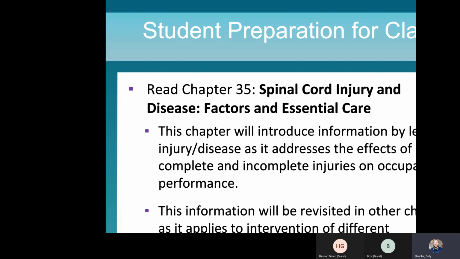So hopefully by the time we're finished with this chapter, you should be able to describe the physiological mechanisms that cause the various types of spinal cord injuries and diseases. Explain the impacts of an incomplete versus a complete spinal cord injury. Determine the various resulting physical and psychosocial impacts.